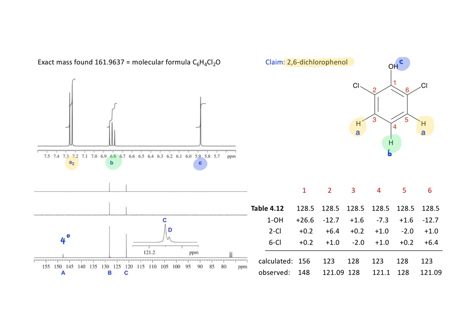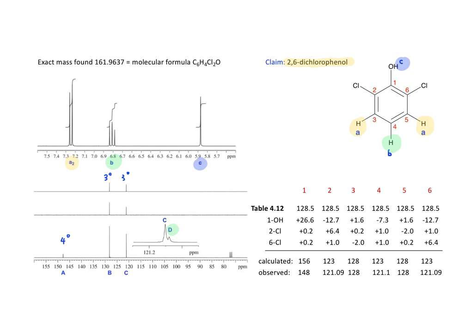And then there are 2 carbons that each have 1 hydrogen attached at B and at C. The expansion also shows a very small peak, which is D. We'll come back and make a prediction about D in a moment.